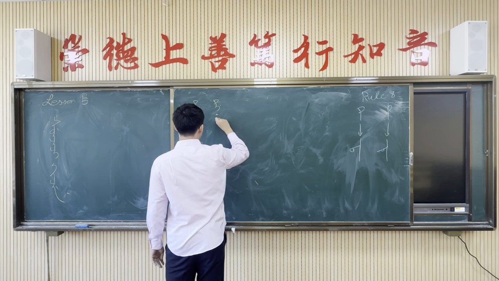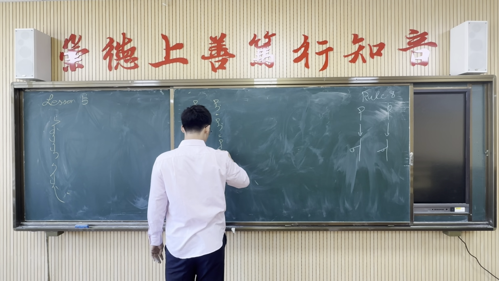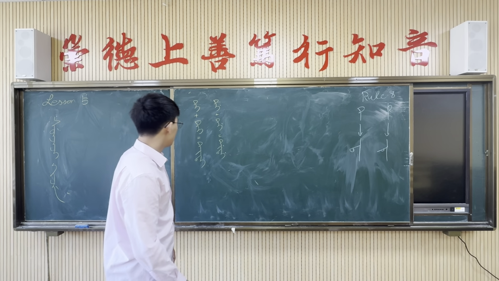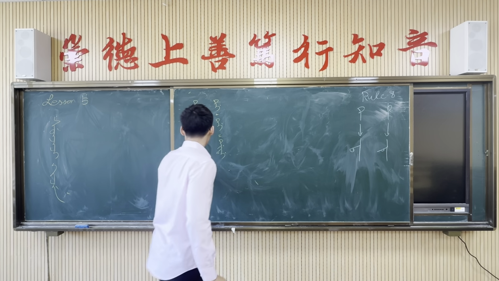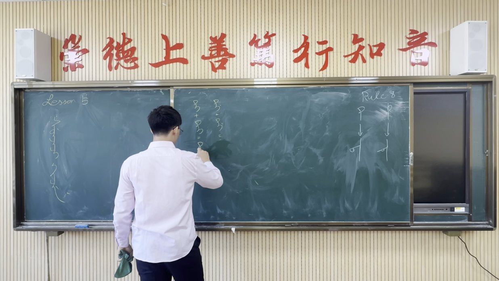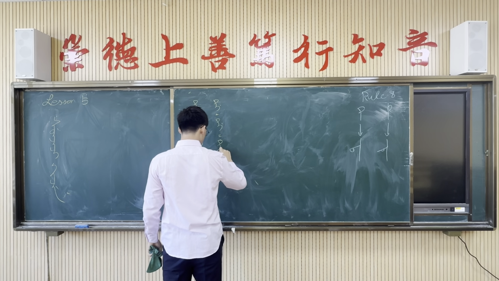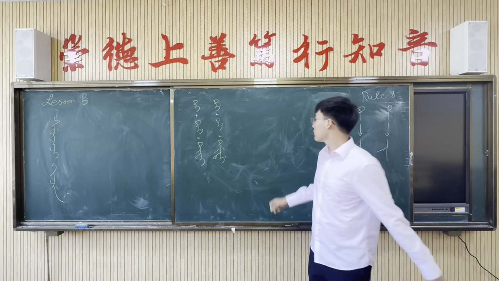D plus D equals DD, right? You know what? The semicircle goes a bit too small, so I'll be rewriting these. There we go. DD.